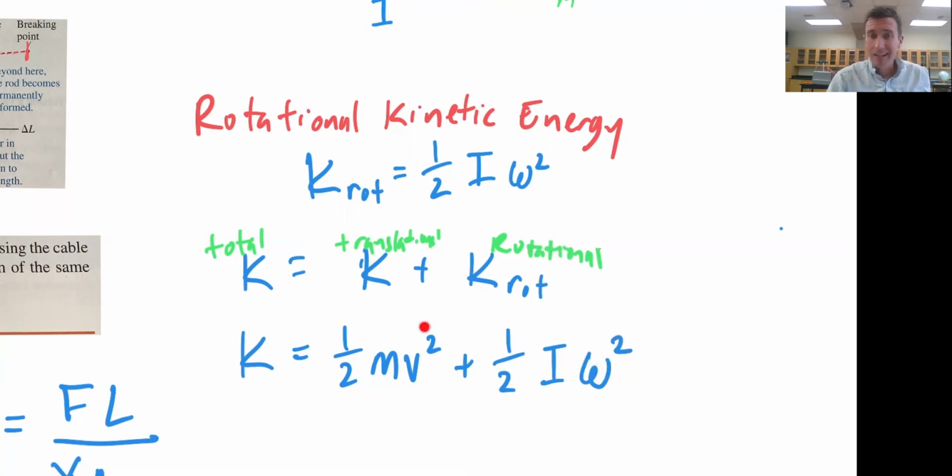What that means is if I have an object that is rolling or spinning, and then another object that's just sliding and going straight, the one that's just sliding is going to be going faster because the rolling object is using some of its kinetic energy on rotational, so not all of it is going to translational. If I have two objects that are going at the same speed translationally, but one of them is rolling, then I know that that rolling object has more total kinetic energy because it's got that addition of the rotational part.